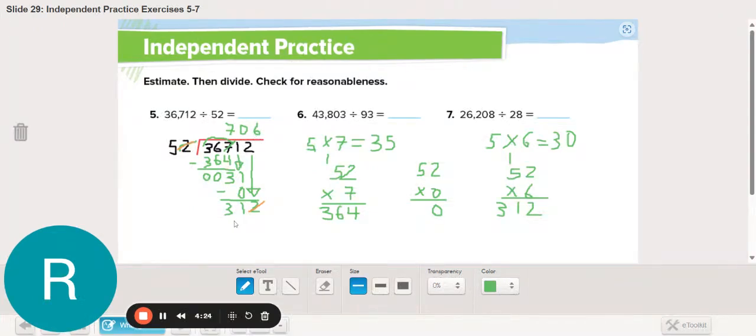The 312 is subtracted down, and 312 minus 312, okay, is 0. So we have here our final answer in this division, 706. So simple, so easy.